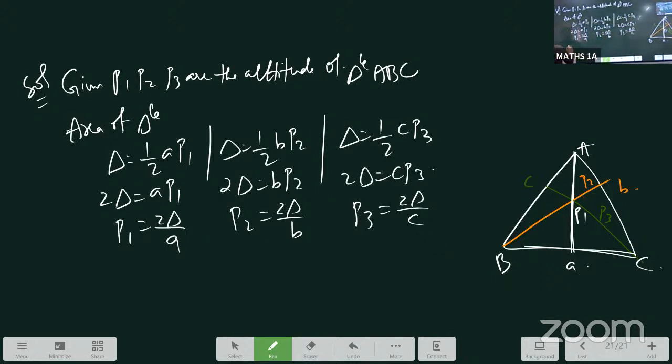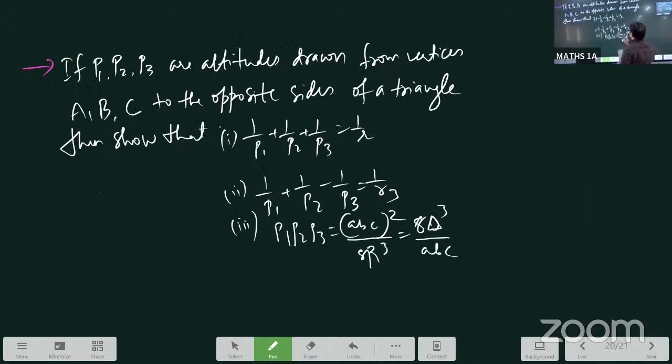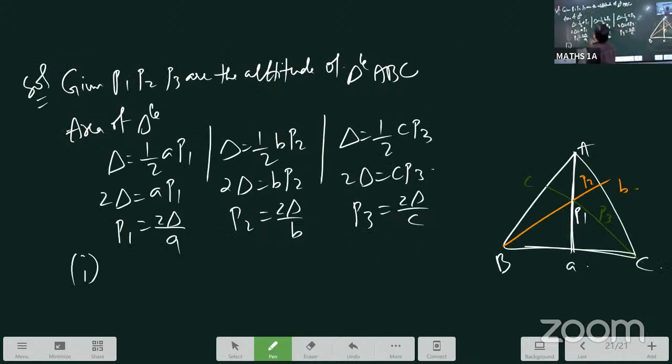Now, let us start with your first bit. What was your question? Once again, you can have a look. First bit, 1 by P1 plus 1 by P2 plus 1 by P3. So, given P1, P2, P3, all the altitudes, delta is equal to half into base into height. If this is your height, this will be the base. Is it clear? Right.